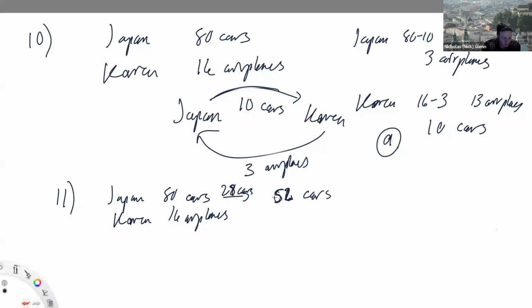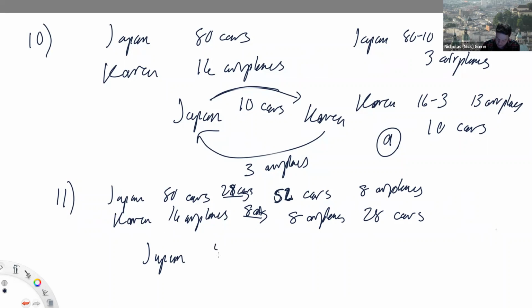Yeah, I was reading the wrong thing. Japan will trade 28 cars because they're the one producing cars, so they end up with 52. And what are they getting in return? 8 airplanes. What about Korea? Well, they're going to trade away 8 airplanes, so they're going to end up with 8 airplanes. How many cars are they getting? 28. All right, so what's the difference here for Japan?